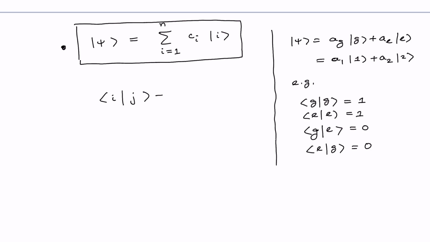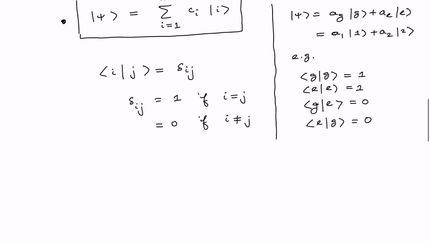The scalar product ij, I can simply write as delta ij, where delta ij is the so-called Kronecker delta, and delta ij is equal to 1 if i is equal to j, and delta ij is equal to 0 if i is not equal to j.